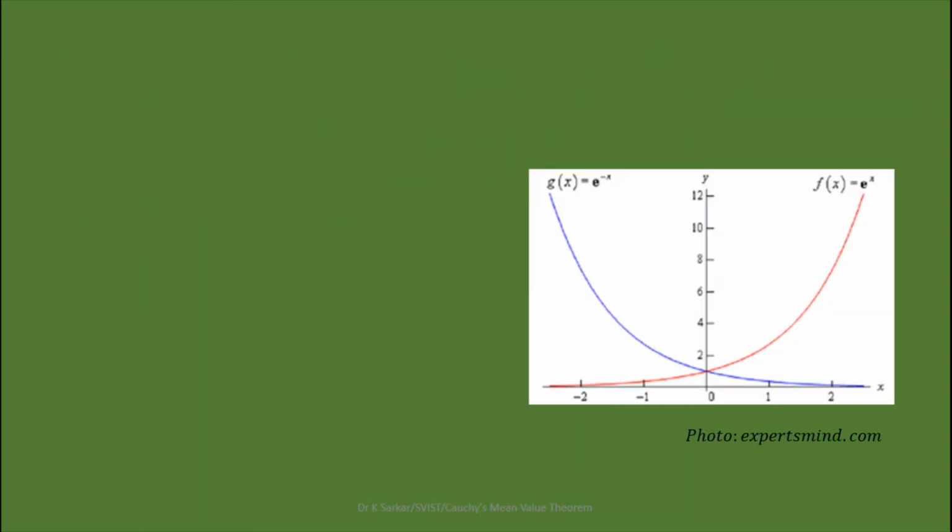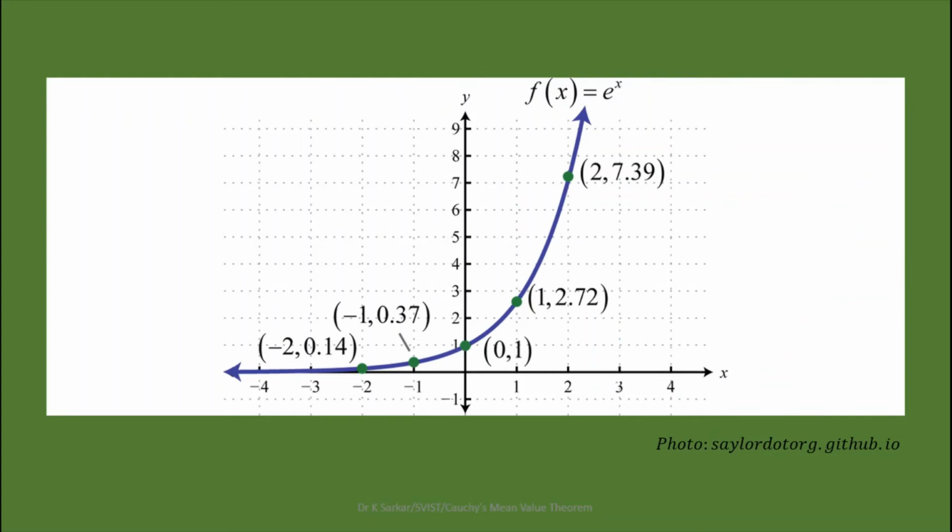If we see in the diagram, this is the function e to the power x and this is the function g(x) equals e to the power minus x. Here we see this is the point 0 and this is the point 1. So at 1 the functional value is 2.72.